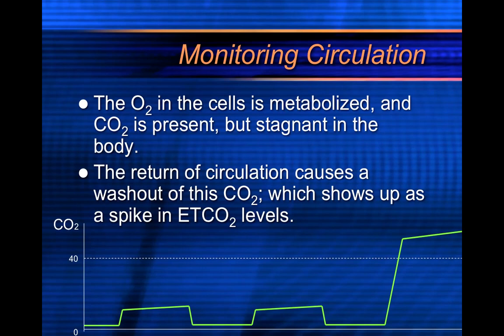Conversely, if they didn't metabolize the oxygen yet and they suddenly get a pulse back, they're going to metabolize the oxygen, and they're going to send that CO2 back to the lungs and out into your device, giving you a high capnography reading.